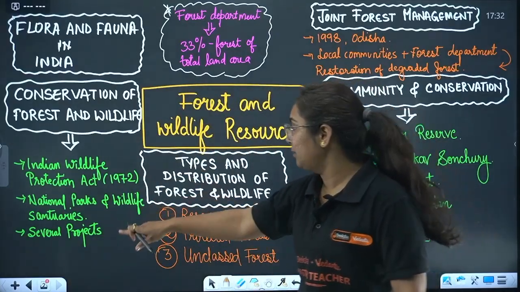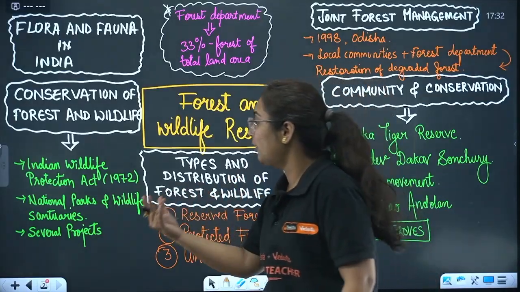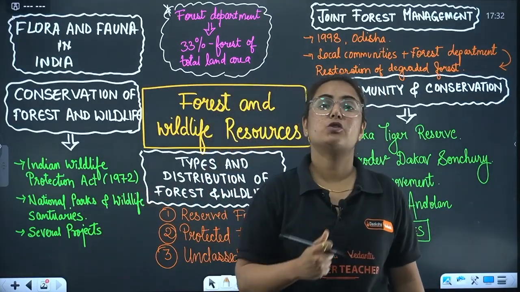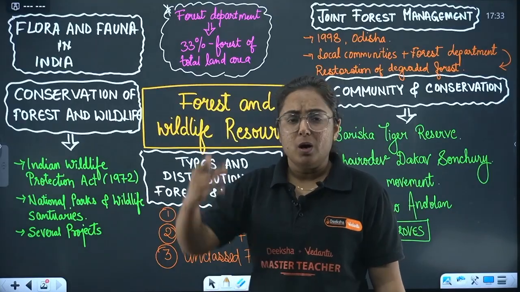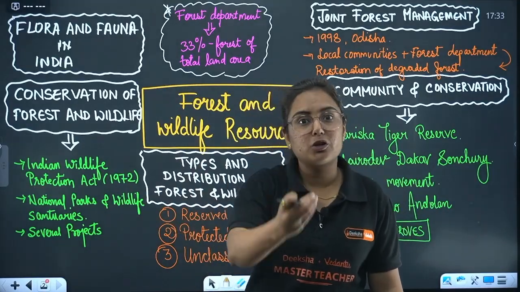Get it? The second point is that the central government and the state government worked on the formation of national parks and wildlife sanctuaries throughout India, and we have a large number in the list today. The third point is several projects were launched.